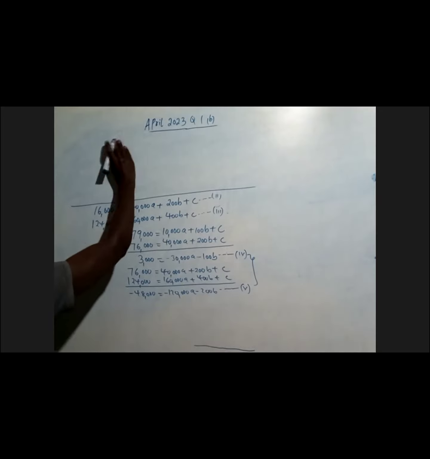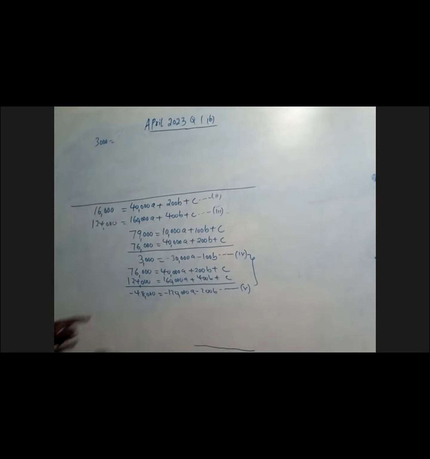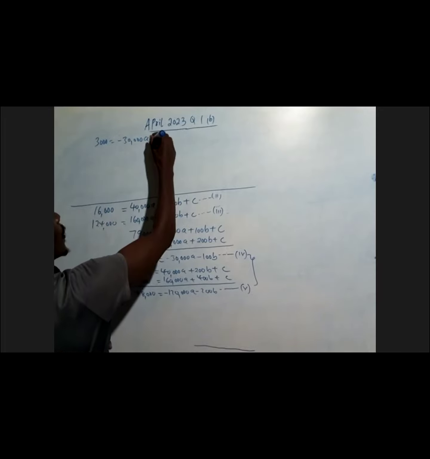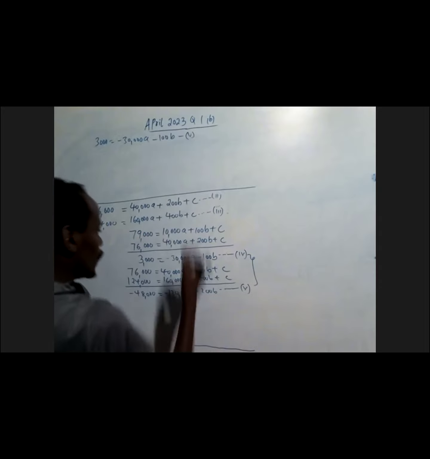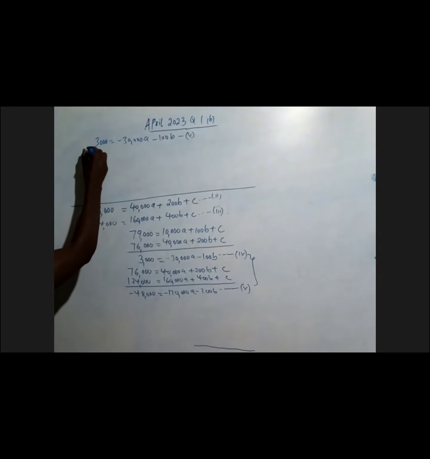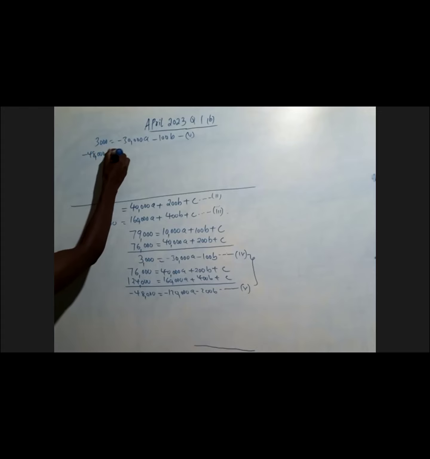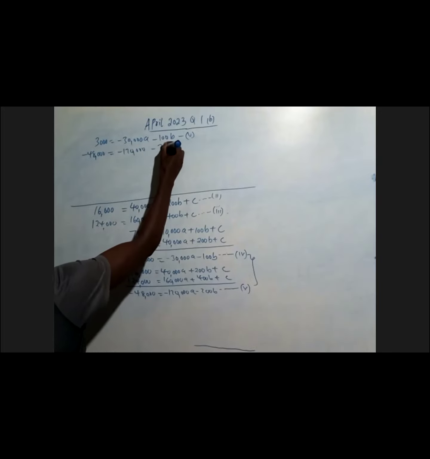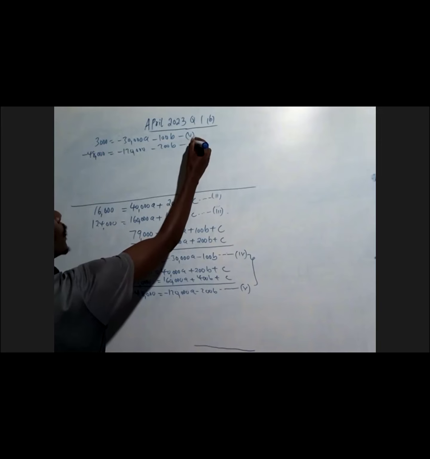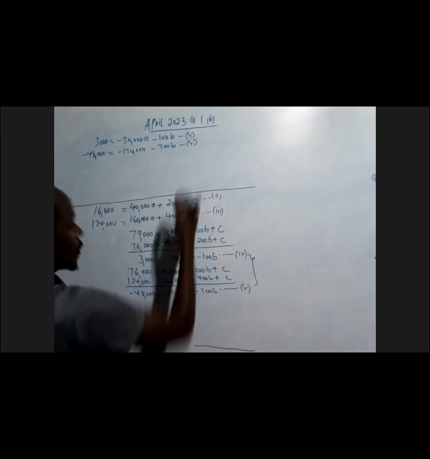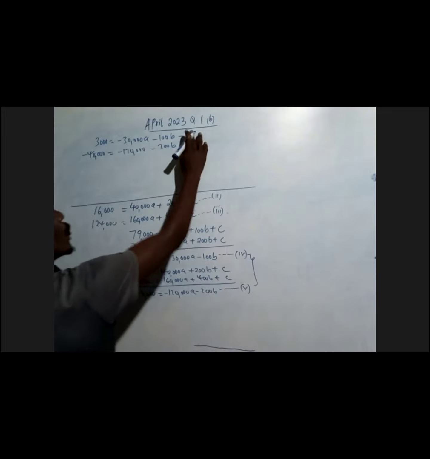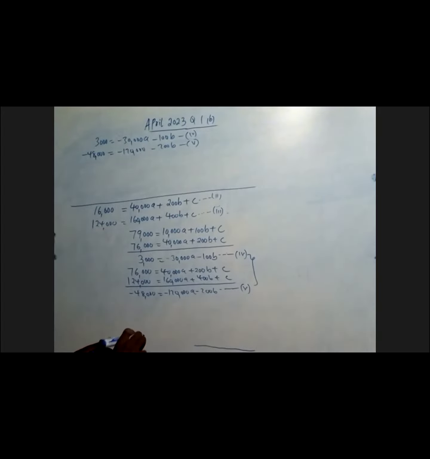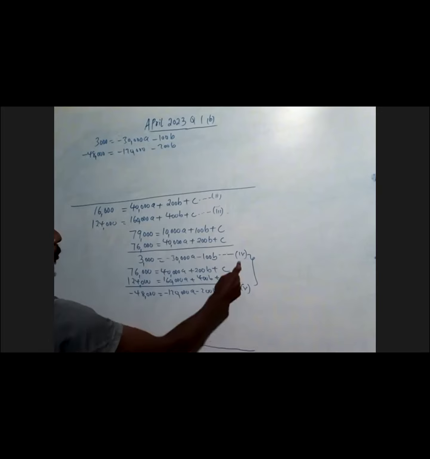Equation 4, which is 3,000 equals minus 30,000 A minus 100 B. Then we have equation 5: minus 48,000 equals minus 120,000 A minus 200 B. Now let us solve. We know it is equation 4 and 5.